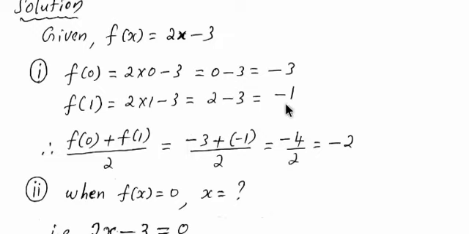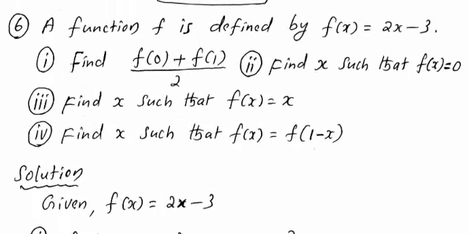Value of f of 1 is minus 1. Minus 1 can be substituted here, whole divided by this 2. Then simplify. Minus 3 plus minus 1. Add minus 3 and minus 1. We get minus 4 divided by 2. Then divide. Minus 4 by 2 is equal to minus 2.